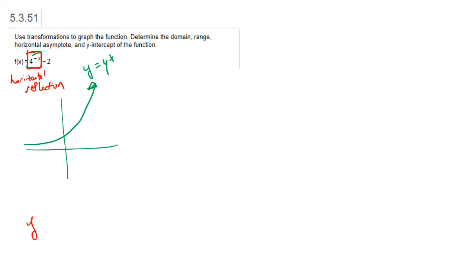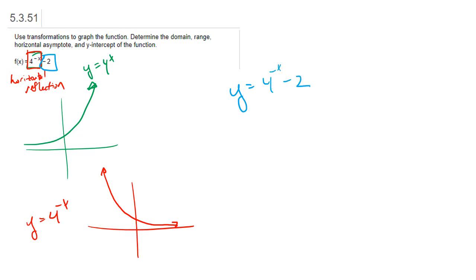So if I just want to graph y equals 4 to the minus x, I'm going to take the graph I just drew, but I'm going to reflect it horizontally. So it's going to look something like that. And then what we need to do is account for that minus 2. So I just take the graph I just had, and I move it down by 2 units, so it's going to look something like this.